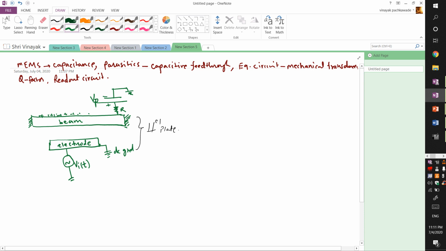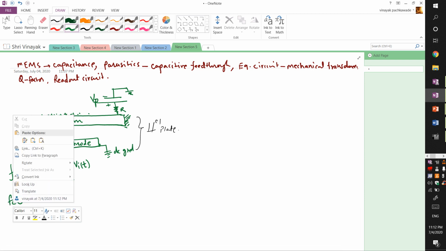So there is a creation of an electrostatic force, as we have seen previously, Fe, and that is proportional to epsilon A over (D minus X) whole square, VAC into VP. So this Fe is at the drive frequency. We've seen that in the previous class.